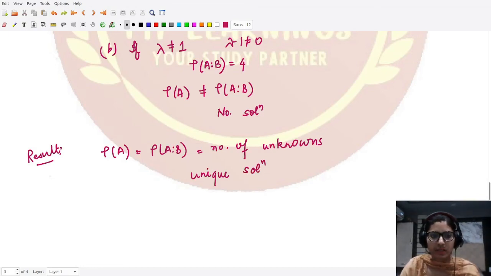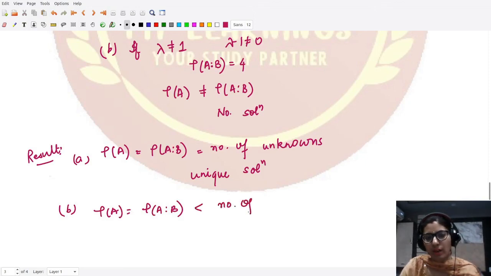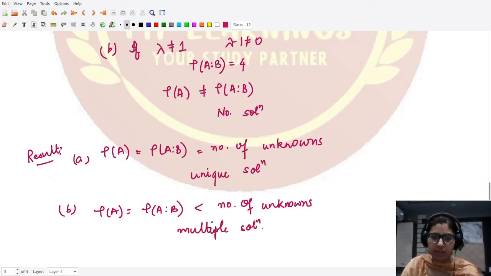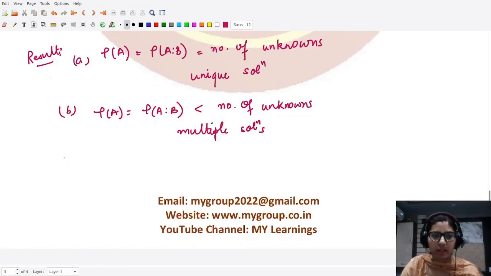If this is the first case, in the second case, if rank of A is equal to rank of AB but it is less than the number of unknowns, then in that case we have multiple or infinite solutions, right? And in the third case, whenever the rank of A is simply not equal to the rank of A augmented with B, then we have no solution.